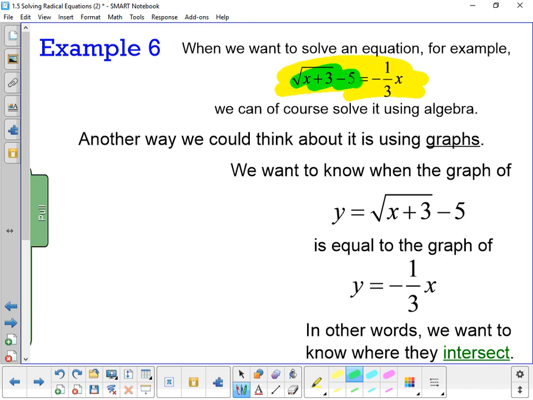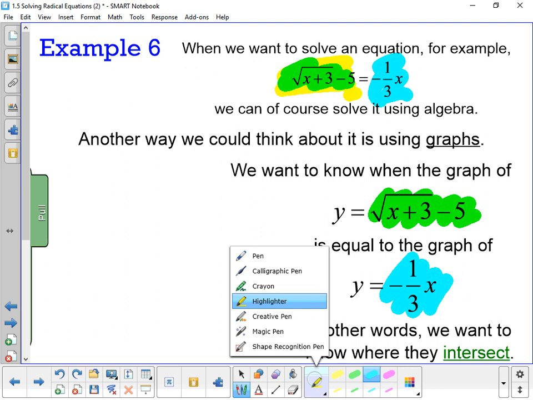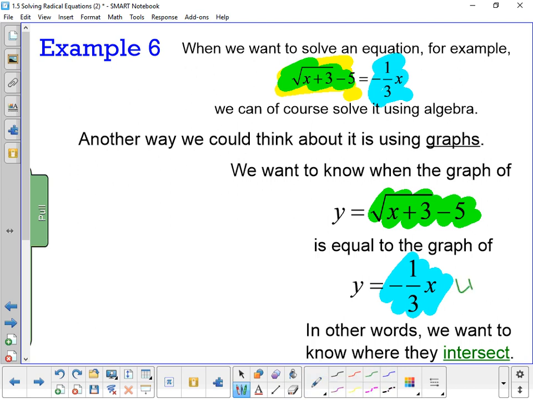So this part of the equation is a simple square root graph that we've been practicing with. So we've got a square root, and then this other half, oh, that looks like the same color. Let me erase. This other part is really just, if you think back to all your mathiness in the past, it's a line.